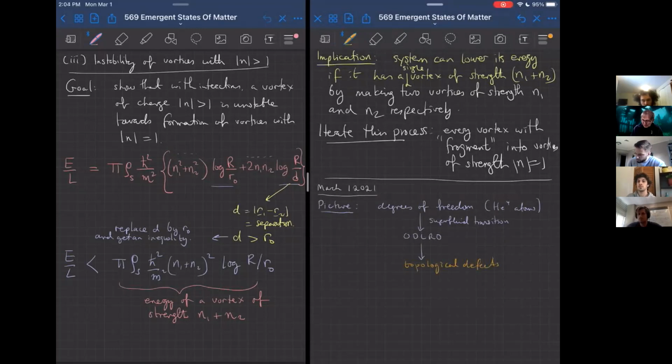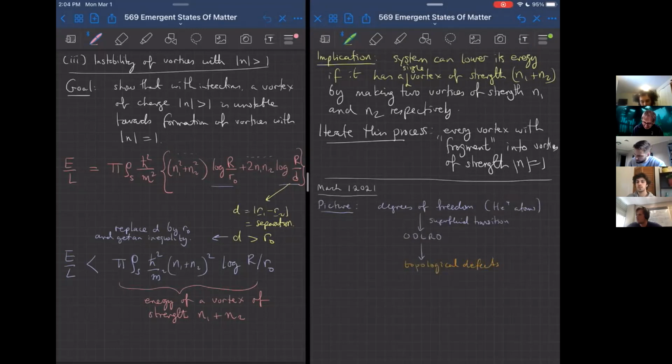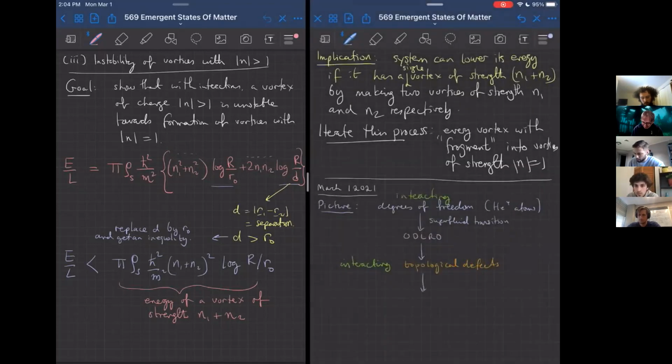And those topological defects have interactions in just the same way that the original degrees of freedom had interactions. So I can call these interacting degrees of freedom, and I can call these interacting topological defects. And once I have these interacting topological defects, then they can undergo a sequence of phase transitions in general.